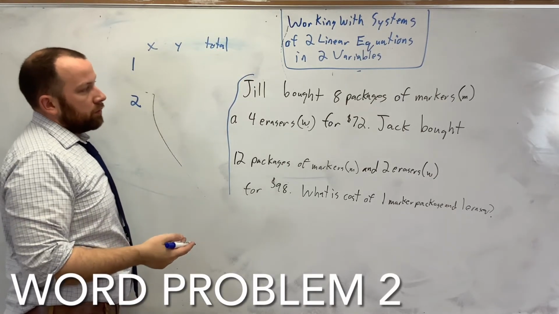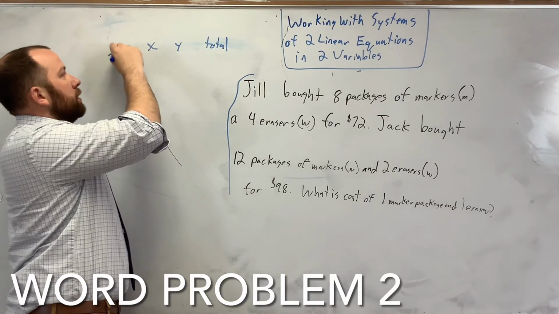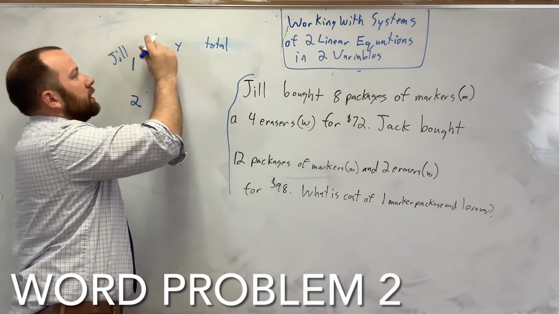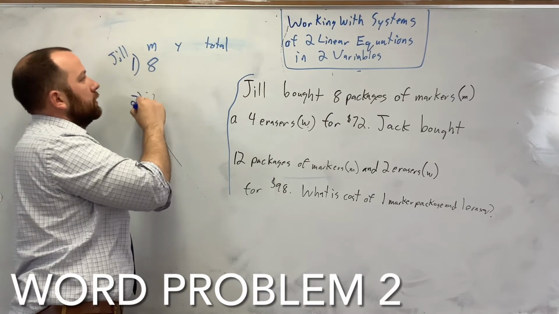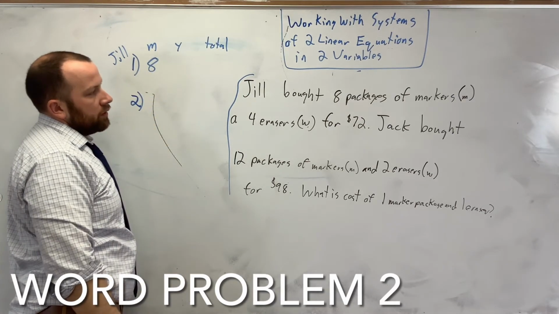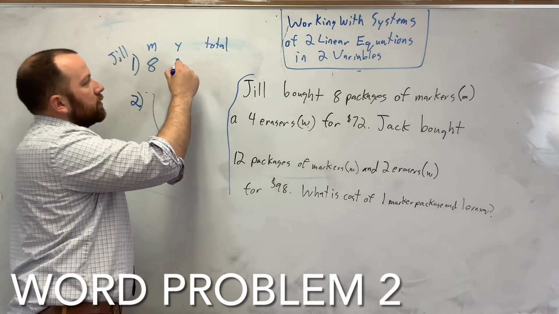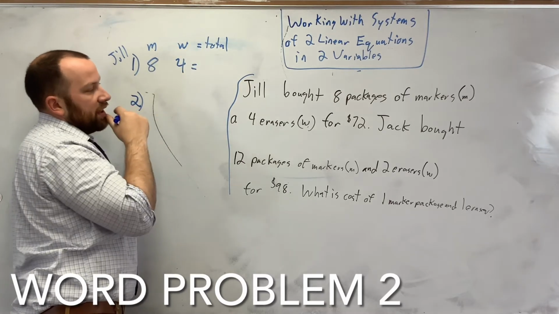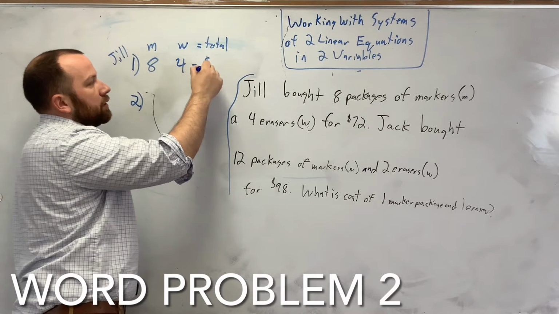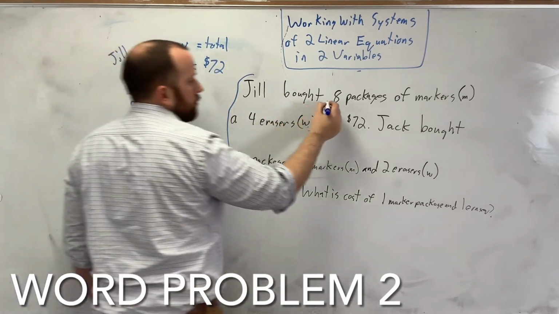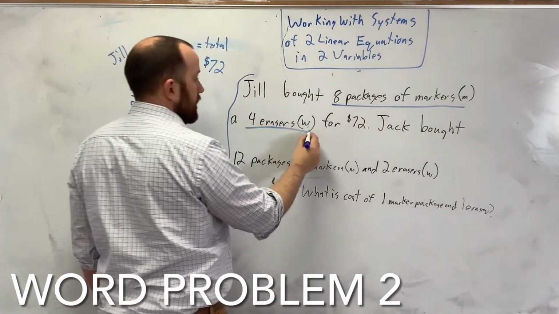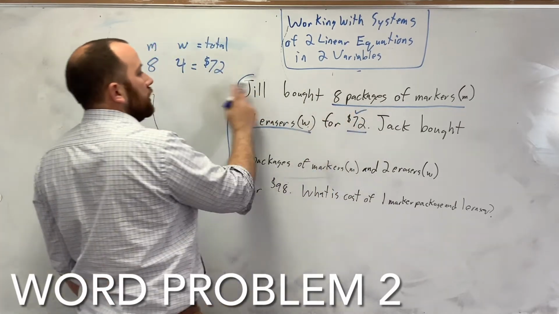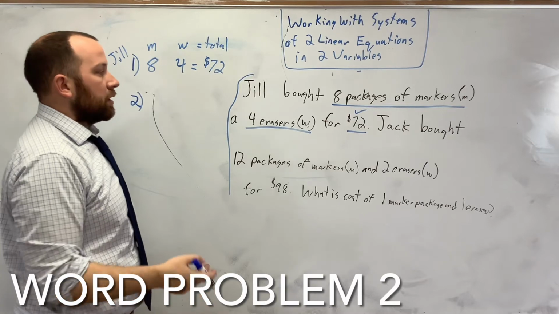So Jill bought 8 packages of markers, and they wanted to label as M, and 4 erasers, W. And that cost $72. So this, and that are all information. Got my total in, I got how many markers and how many erasers.